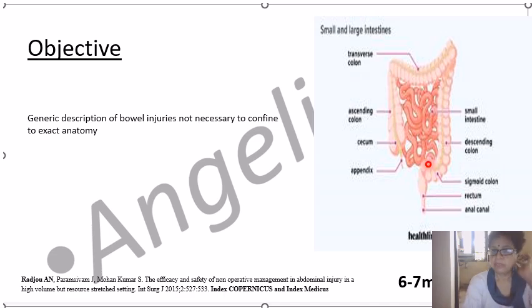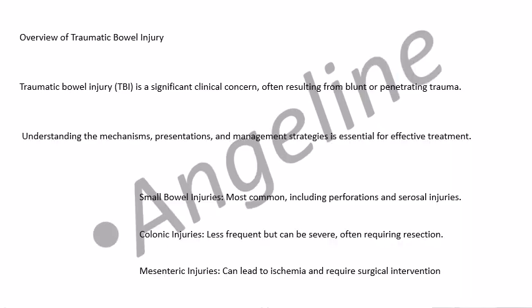As I told you, it's going to be a generic description. The whole length is going to be 6 to 7 meters and is very difficult to confine to exact anatomy. This is only an overview of traumatic bowel injury, very generic.